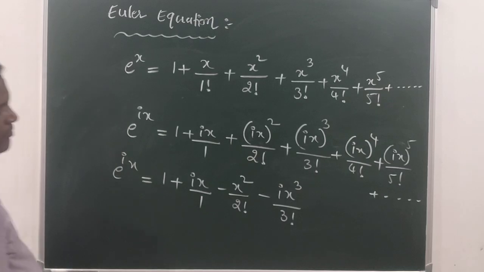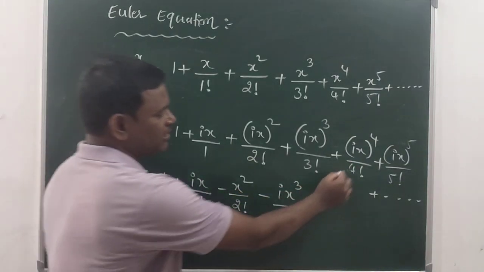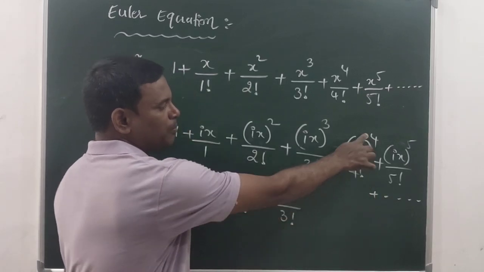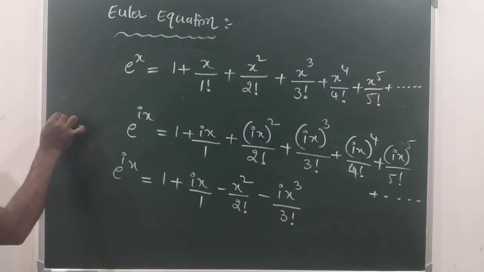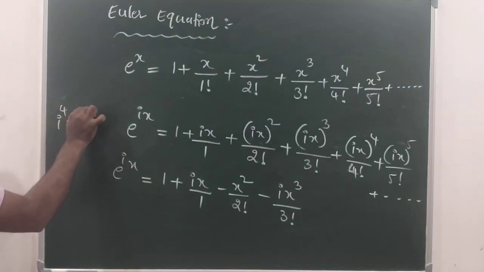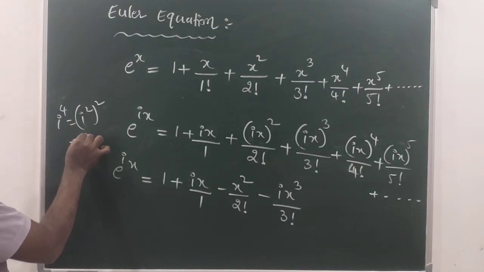Now go to the fifth term. So what is given in the fifth term? i power 4 x power 4. So here i power 4 should be written as i square whole square. i square value minus 1 whole square, which becomes 1.